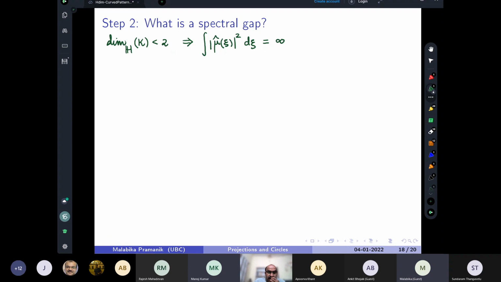We are going to say that, however, even though we are dealing with a divergent integral, we can place some restrictions on how this integral diverges.